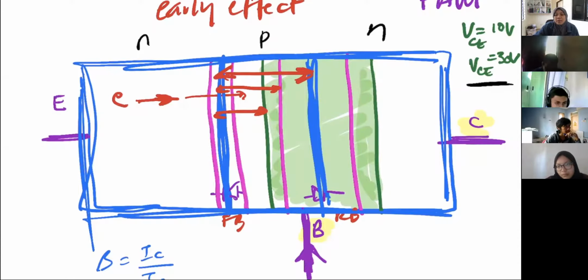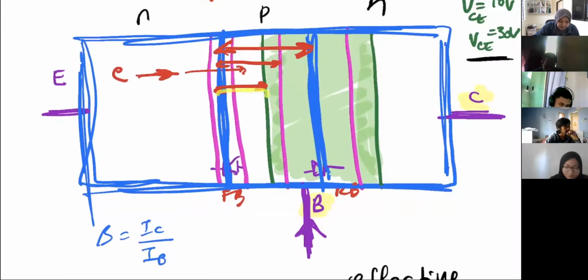What is the probability for recombination? Getting higher or lower? Lower, right? Because you have a smaller space, the probability to find a free electron becomes smaller. So if this becomes lower, what happens to IB?